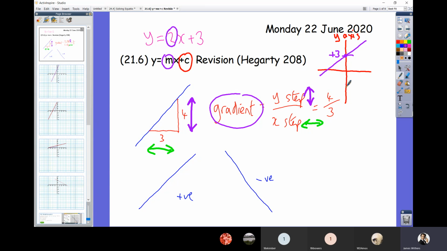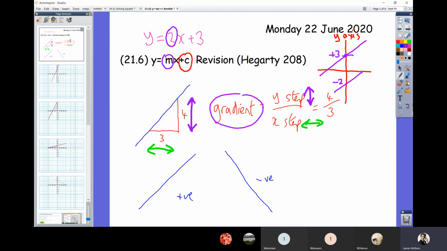If it crossed down here at -2, then your c would be -2. So all we're going to have to do today is set up the skeletal format of y equals mx plus c, work out m, work out c, and that's the equation of your line.